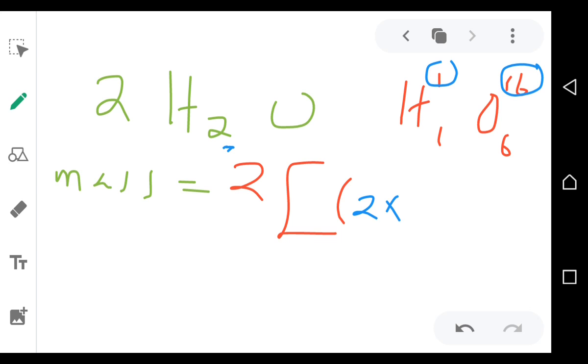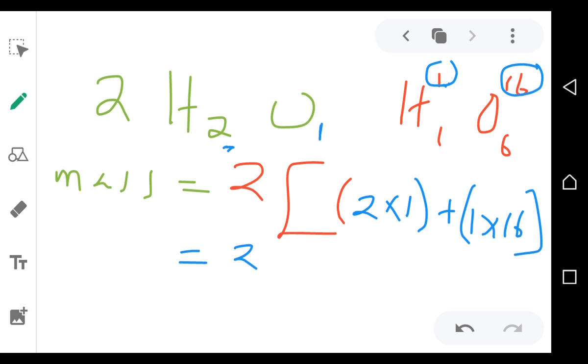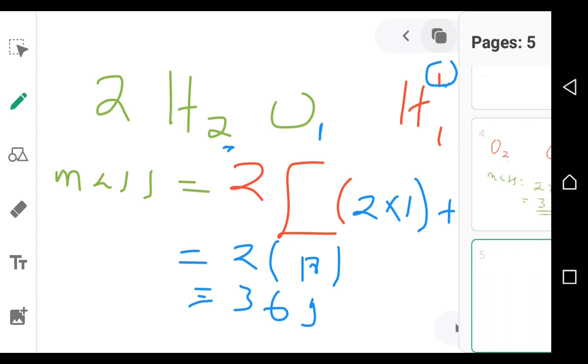I put 2 times the mass for hydrogen on top there, 1, plus, open bracket, oxygens there how many? 1. Mass of oxygen there 16. So what do you have? 2 times 1, it's 2, plus 16, so it's 18, times 2. 2 times 18 will be 36. So I've got the mass for water, 36 grams. That's where now you can solve.